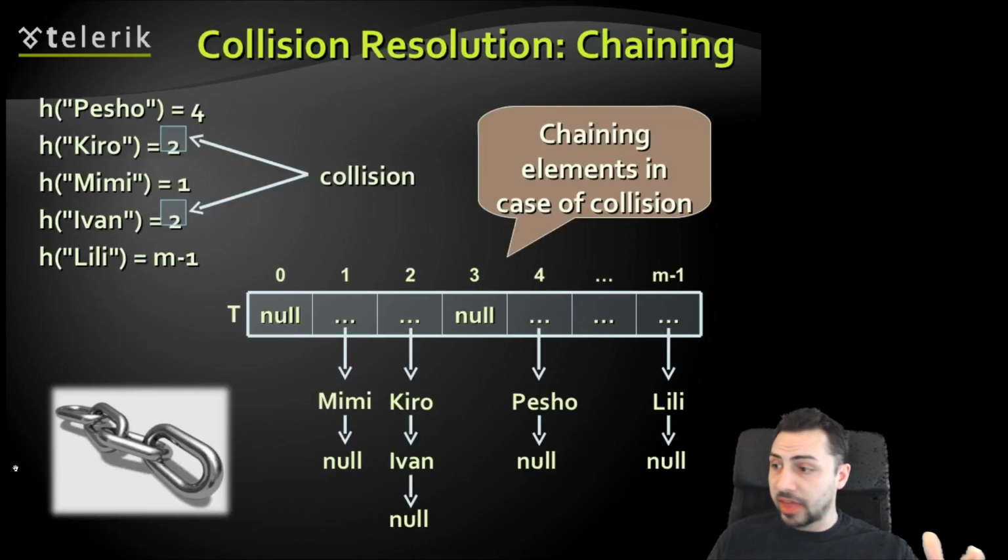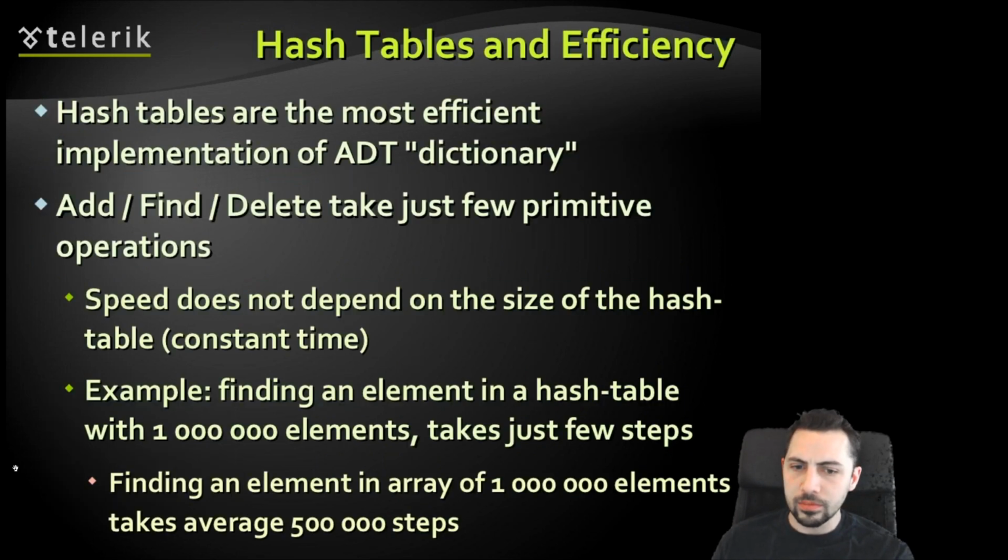If M is 1,000 or 1,000,000, it doesn't really matter because we're just doing pointer arithmetic. That was the big takeaway of a standard array. A fixed size array is instant or constant time access via index. So all we're doing is hiding the index behind this hash of the key.